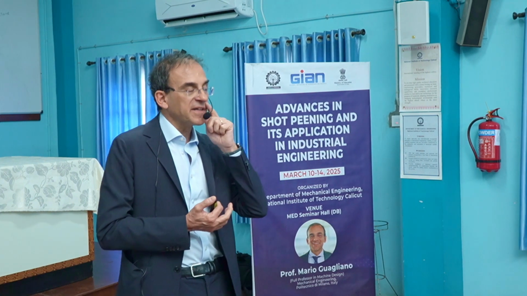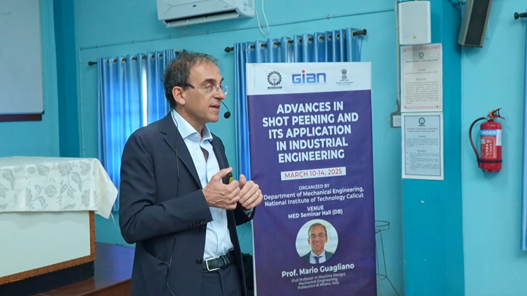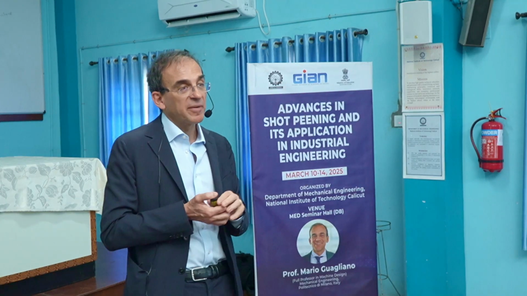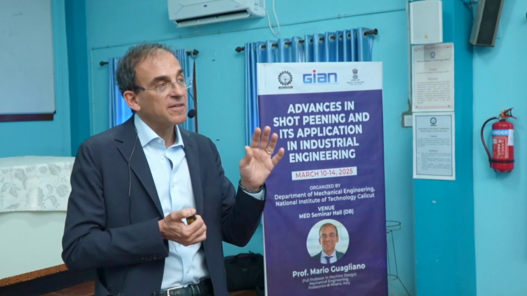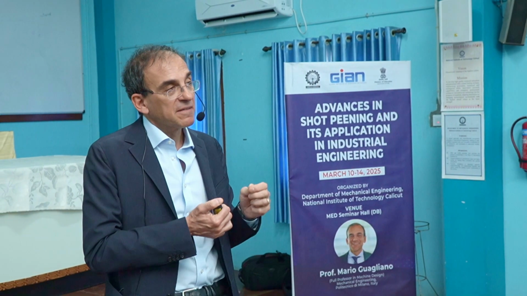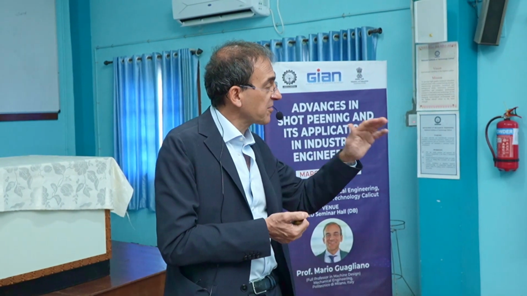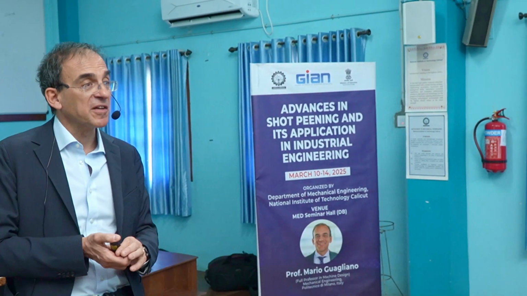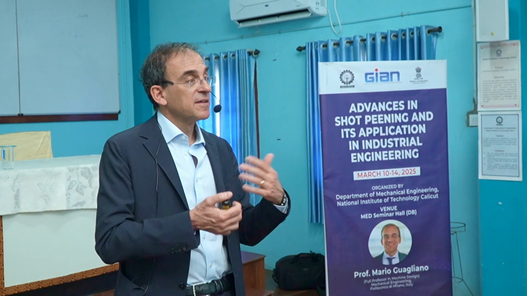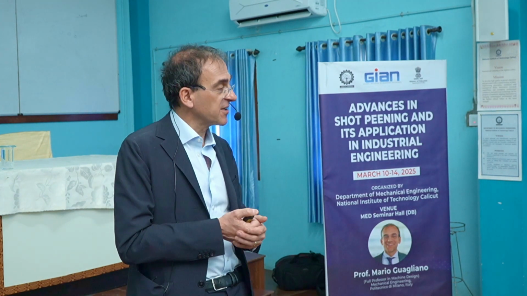If it's too superficial, we risk losing the benefit in a few cycles. And if you are considering a very thin compressed layer, we are going more in the field of sandblasting, whose effect is not important for fatigue. It's just changing the surface finishing, but not inducing deep residual stresses, which are going to be relaxed soon during the service condition.